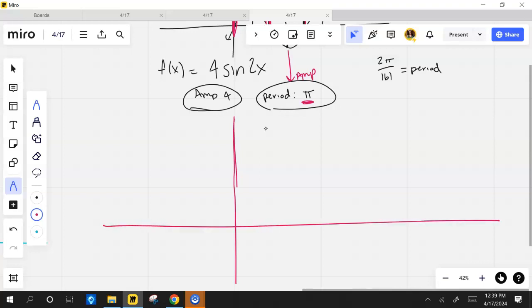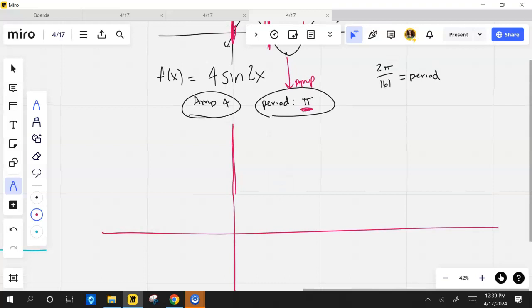I always start at 0. Where am I at 0? The sine of 0 is 0. That's right. And I'm at 0. So if every one of these is a half a pi, right?